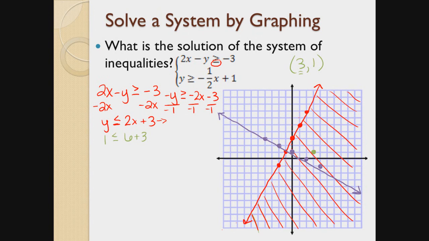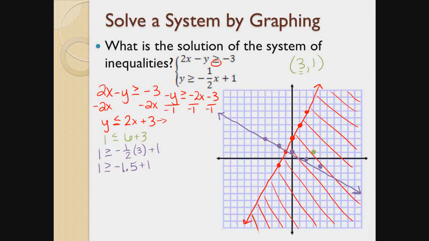Using that same green point that we picked, let's plug in. 1 is greater than or equal to -1/2 times 3 plus 1. -1/2 of 3 is -1.5. Is 1 greater than or equal to -1.5 plus 1?